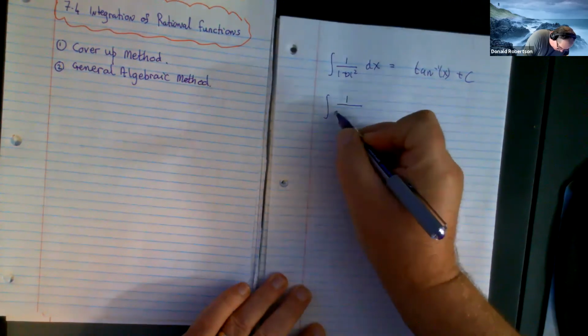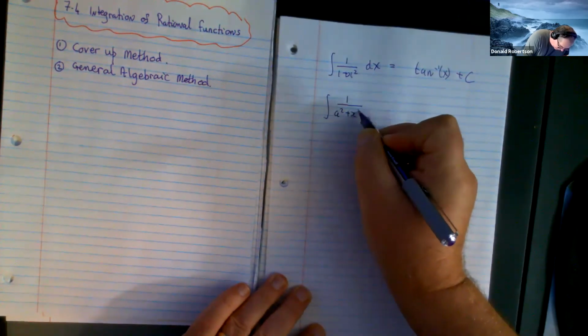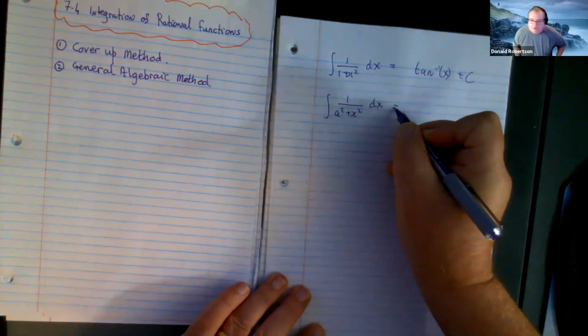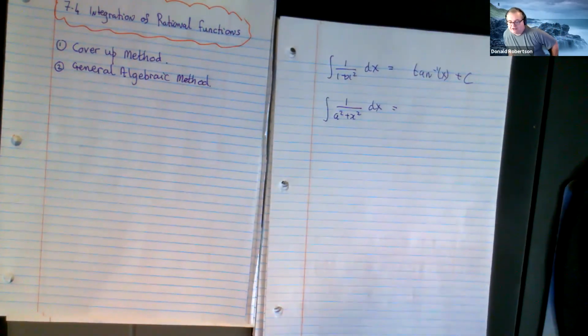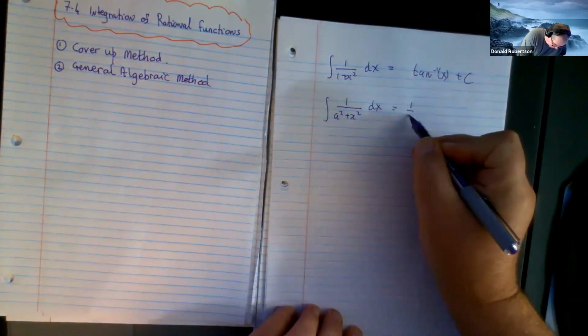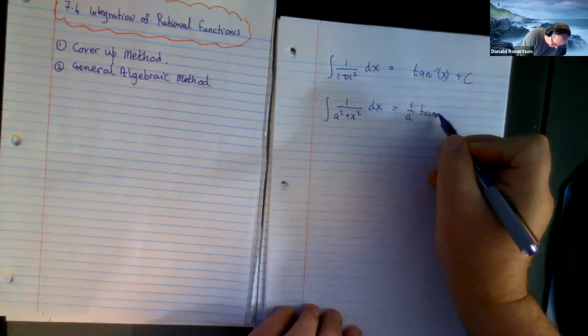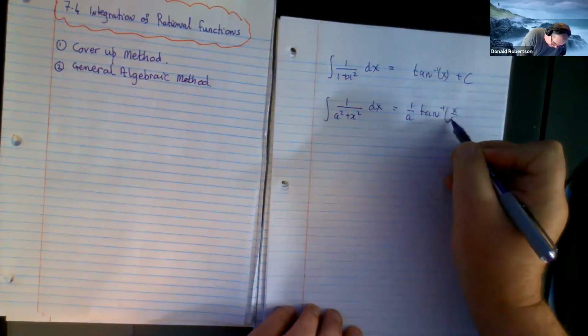but it's helpful because it's going to happen from time to time. 1 over a squared plus x squared also has an answer, and that answer is 1 over a, the inverse tan of x over a.